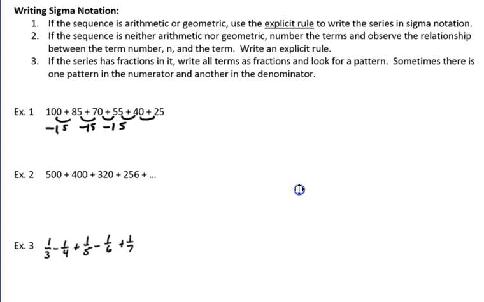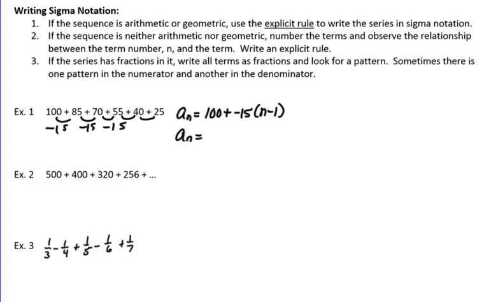So you've learned 2 ways to write an explicit rule for an arithmetic sequence. One of them is to say, start with the first term and add d, -15, n minus 1 times. The second way is to say, I know that this is a linear function.